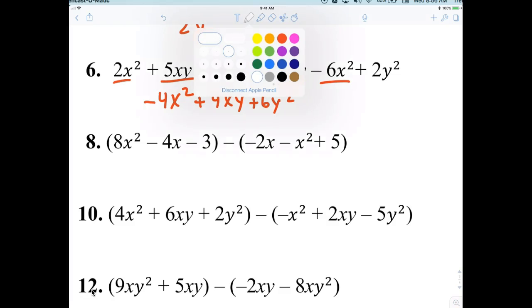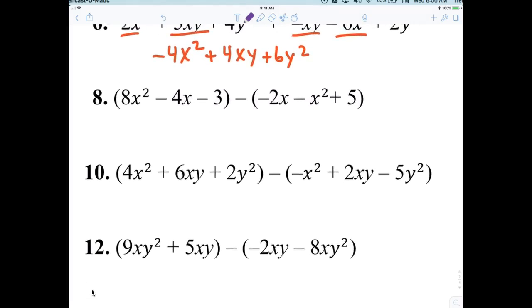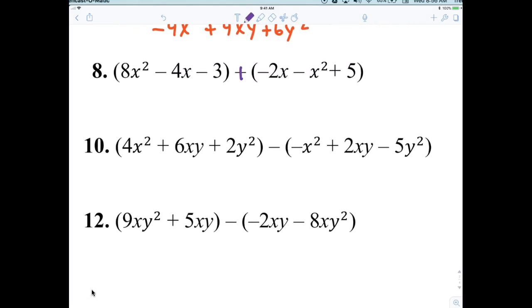Now, number 8, plus, minus. Everybody see that? Now how many x squareds do I have? 9x squared. How many x's? Negative 2x. And the constant would be negative what?